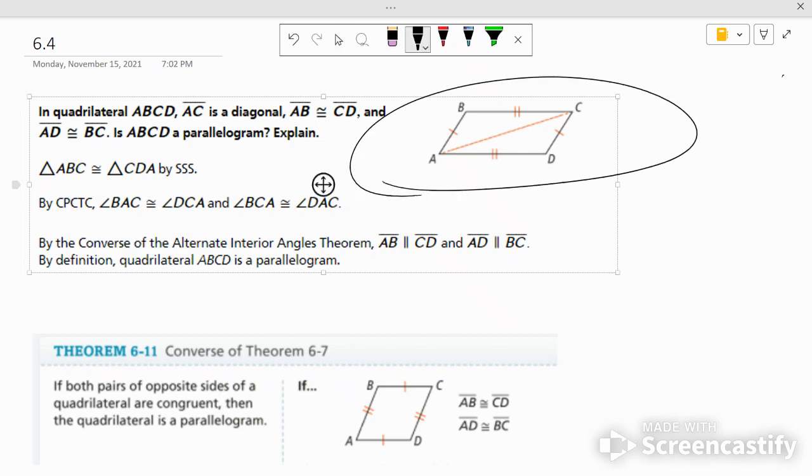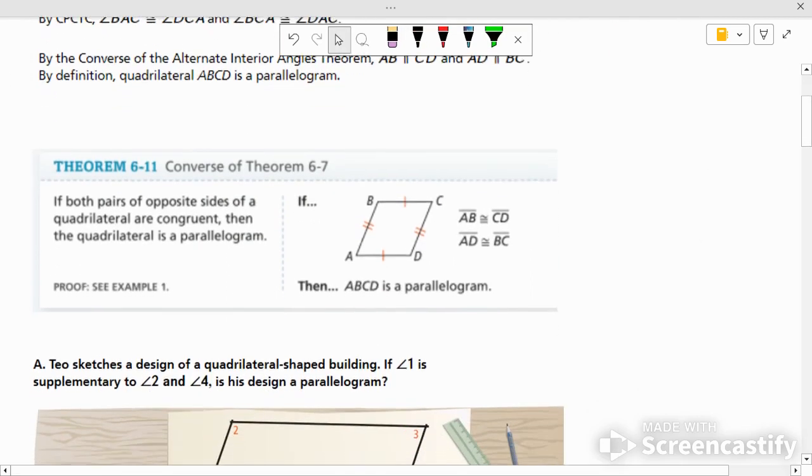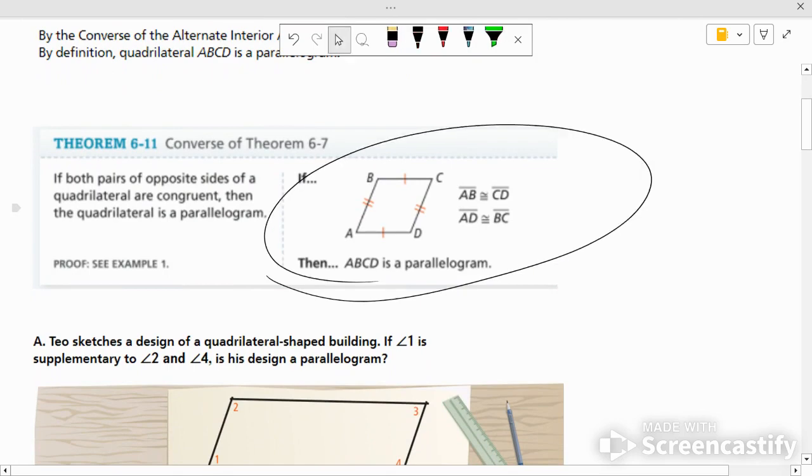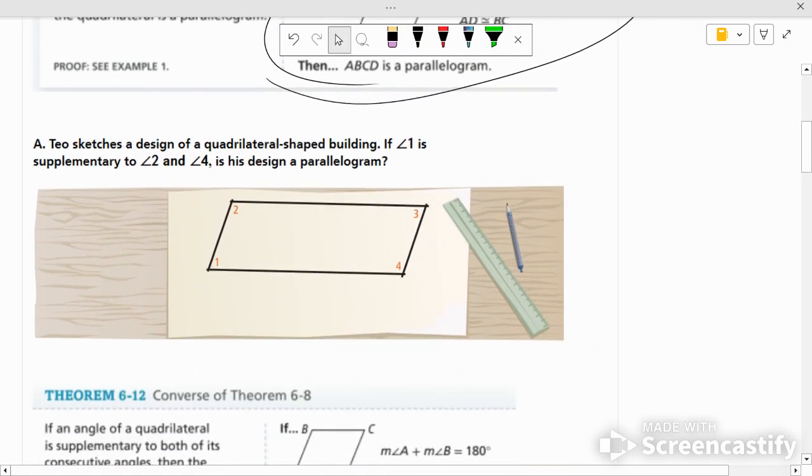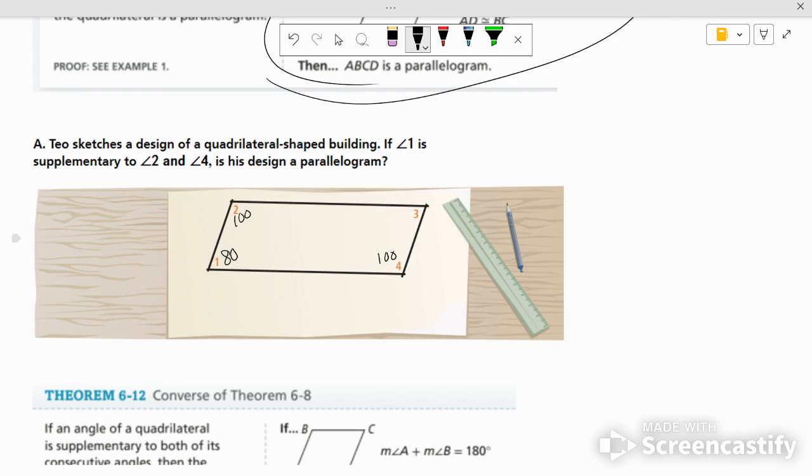So here the opposite sides are congruent, which makes a parallelogram. Now, I know that angle 1 is supplementary to angle 2. So let's say this is 80 and this is 100. That's supplementary, right? If 1 is supplementary to 2 and it's supplementary to 4, do I have enough to say it's a parallelogram?